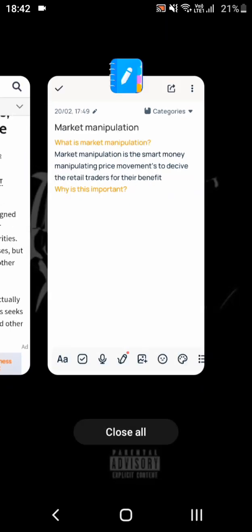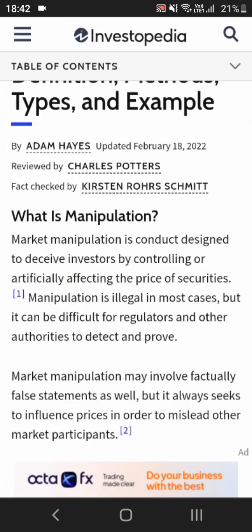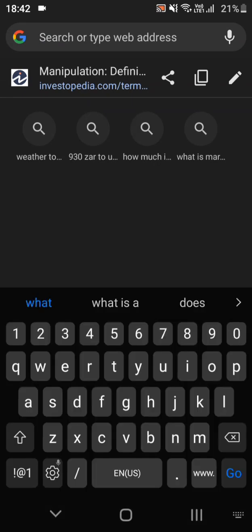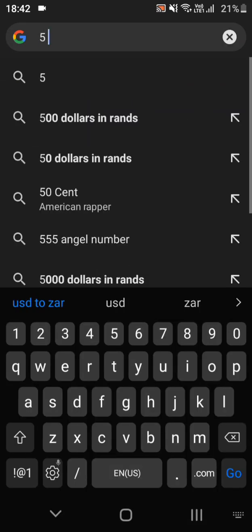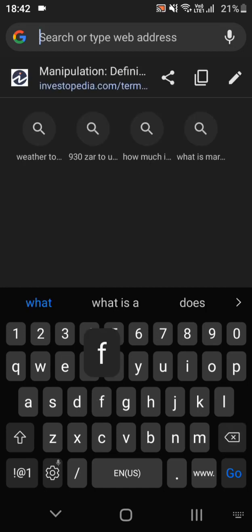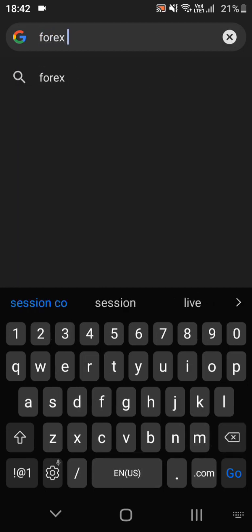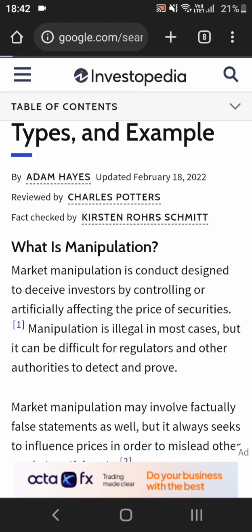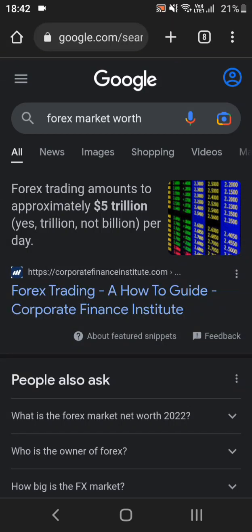This is a $5 trillion business. The last time I checked it was $5 trillion. Let me show you where all that money comes from. Forex trading amounts to approximately 5 trillion, yes, trillion, not billion, per day, guys.